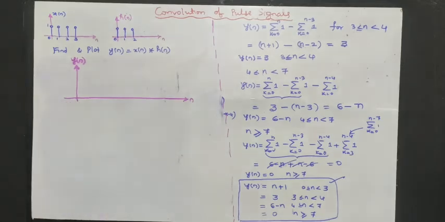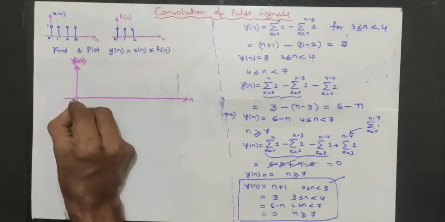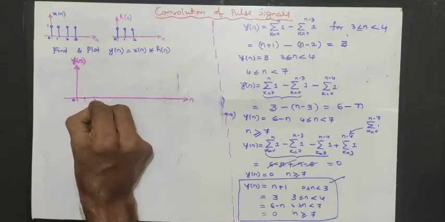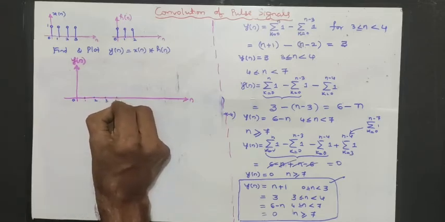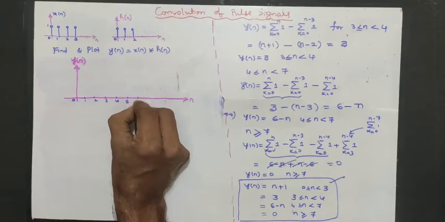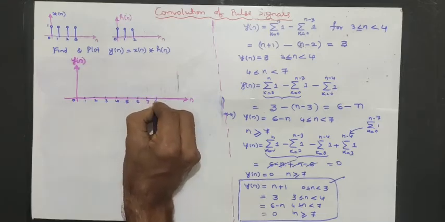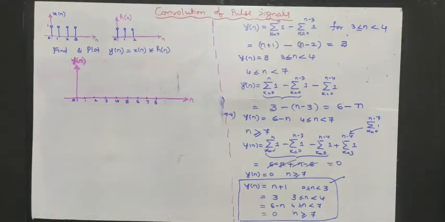Here it is 0, 1, 2, 3, 4, 5, 6, 7, 8. Okay, 8 markings I have made. Now 0 to 3, that is 0, 1, 2. What is the equation? n plus 1.